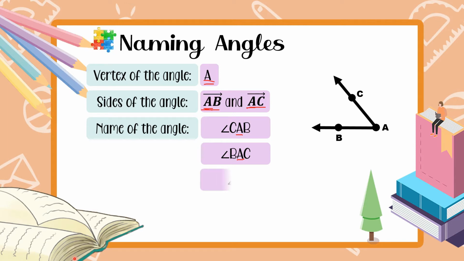You can just simply call it angle A, because meron lamang tayong iisang angle dito sa vertex A. So, pwede natin siyang tawaging CAB, pwede natin siyang tawaging BAC, or pwede rin naman simple na angle A lang.